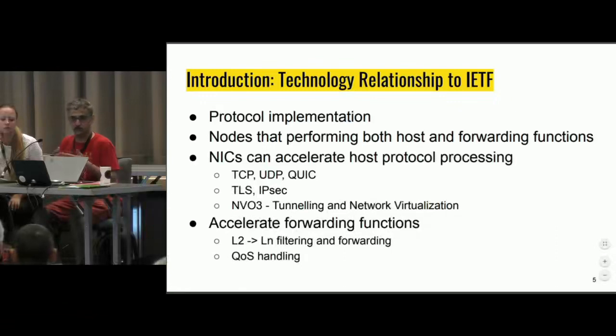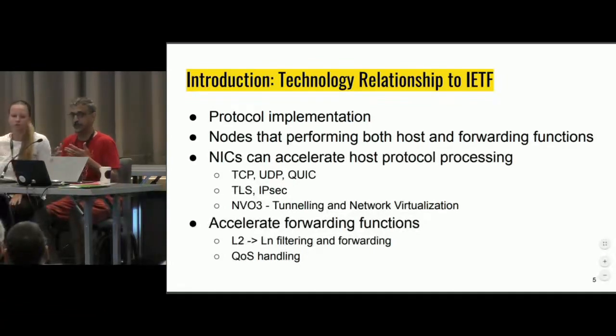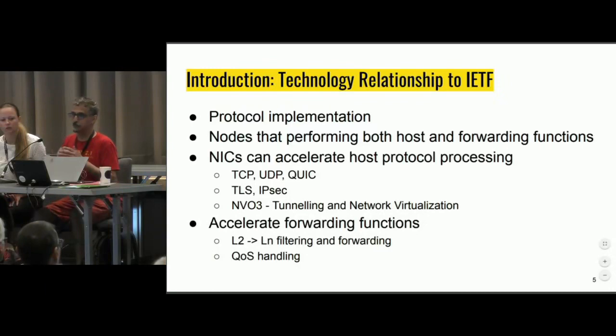A lot of the NVO3 is mostly commodity offloading at this point in time. You can accelerate any of the layer 2 to layer N forwarding and filtering. There's a lot of QoS offloading. It's a very condensed session, so we'll only allow for clarification questions, and any other questions will come at the end.